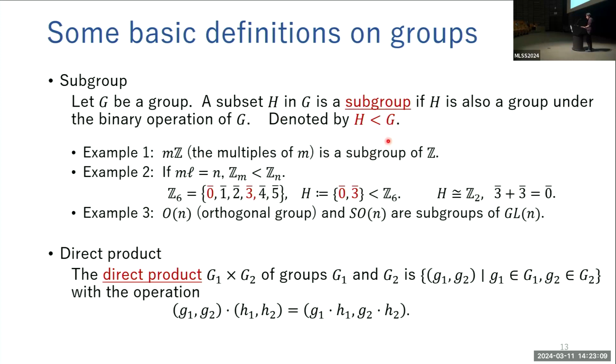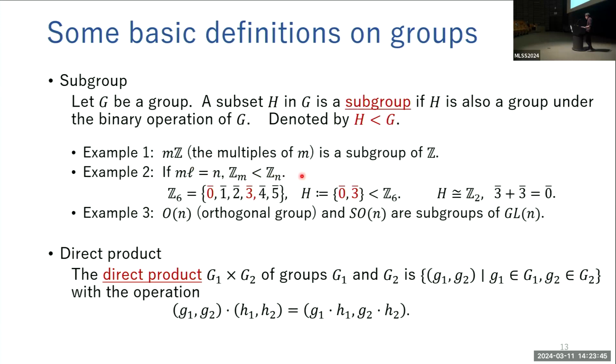And sometimes I use this notation to denote the subgroup. And here are a couple of examples of subgroup. This is also very simple. They are mathematical exercises, but in the group of integers, the multiples of m make a subgroup. The multiples of m constitute a group again. So this is a subgroup of Z.